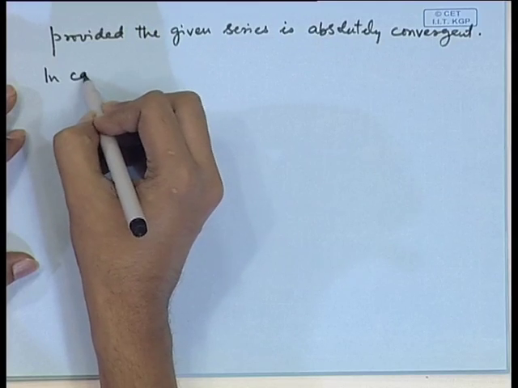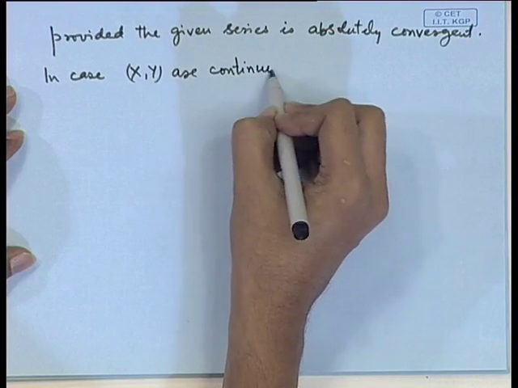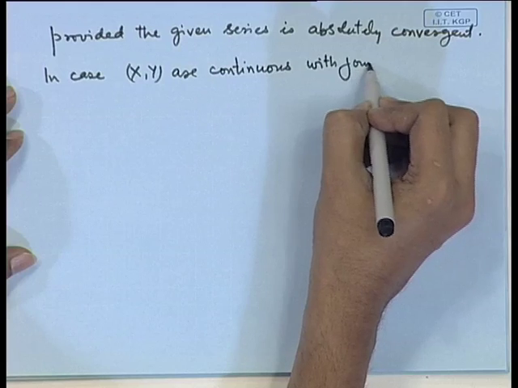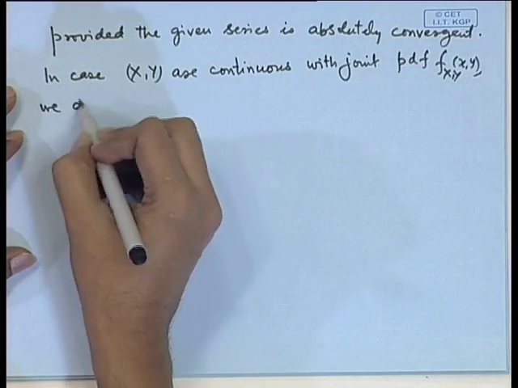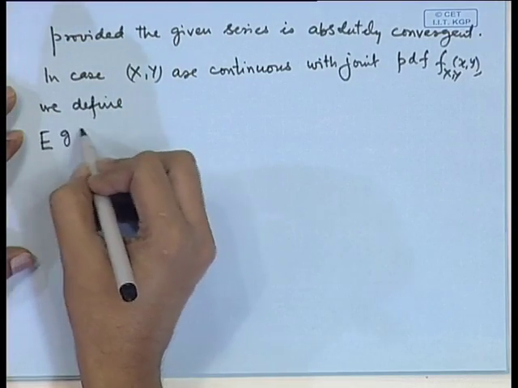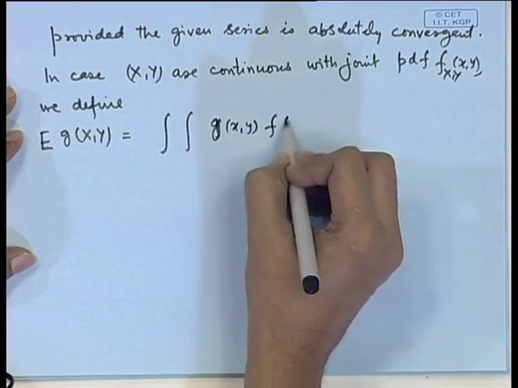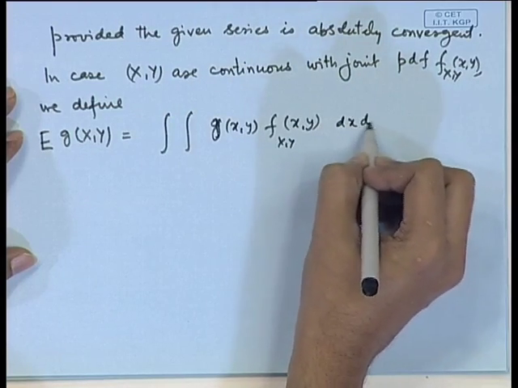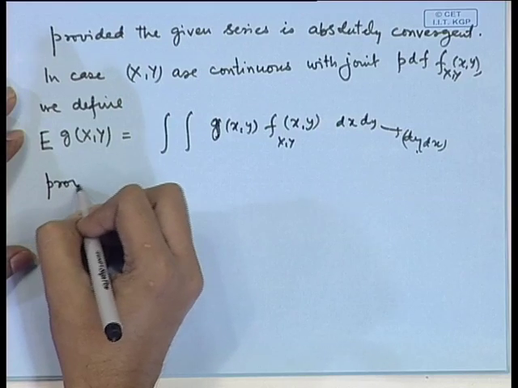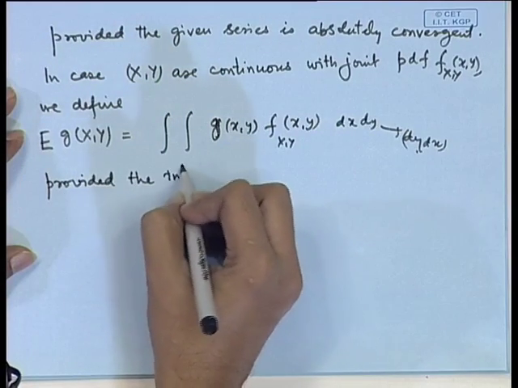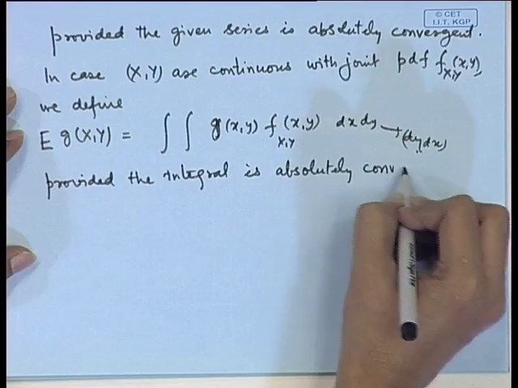In case X and Y are continuous with joint PDF, say f(x, y), then we define expectation of g(X, Y) as the double integral of g(x, y) f(x, y) dx dy, or this could be dy dx also, provided the integral is absolutely convergent.